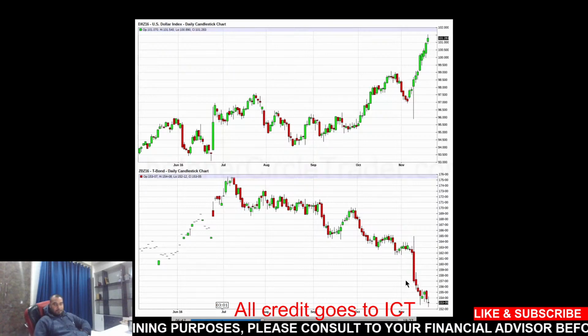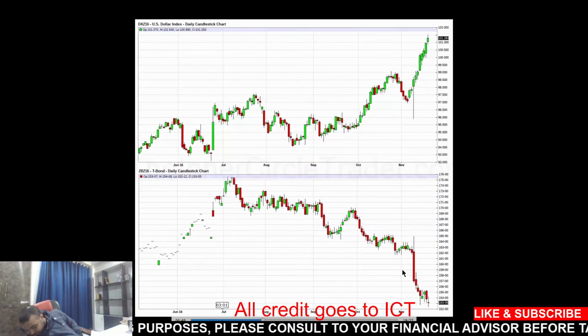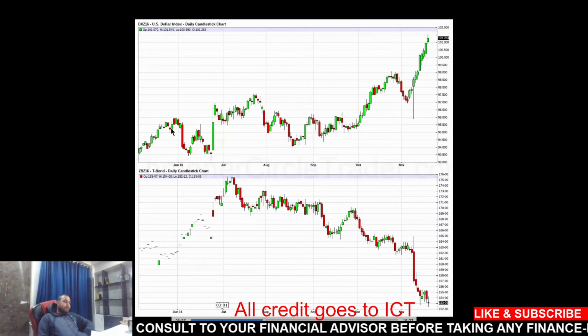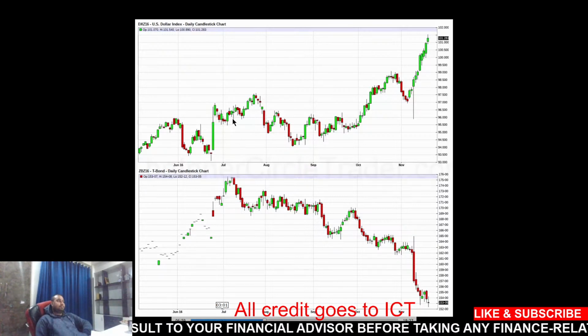But what I want you to look at is when the bond market is creating a high here, at the same time that the dollar index is making a low. I want you to take a look at what's going on here.